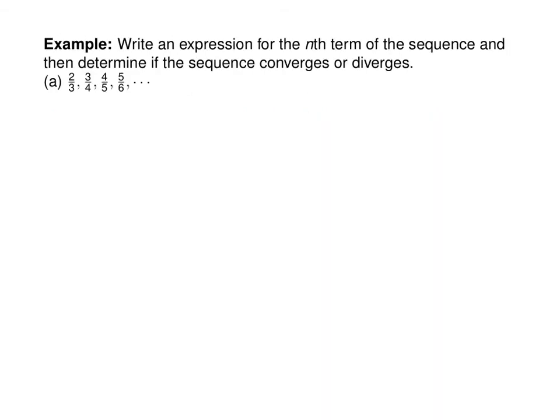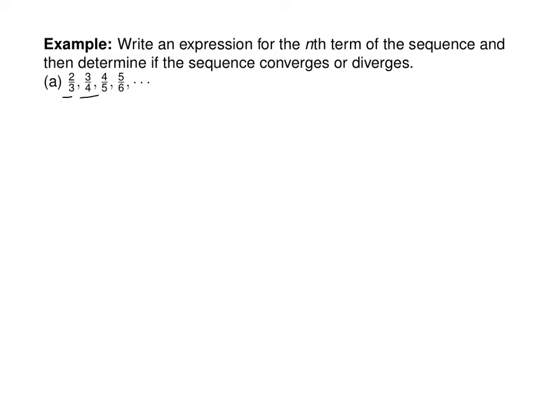Now the next thing we're going to do is learn to write expressions for nth terms of sequences and then determine if the sequence converges or diverges. This is just pattern recognition. It takes a lot of practice and there can be many different patterns. So you have to see what's happening to your numerators and denominators. We have the first term, the second term.